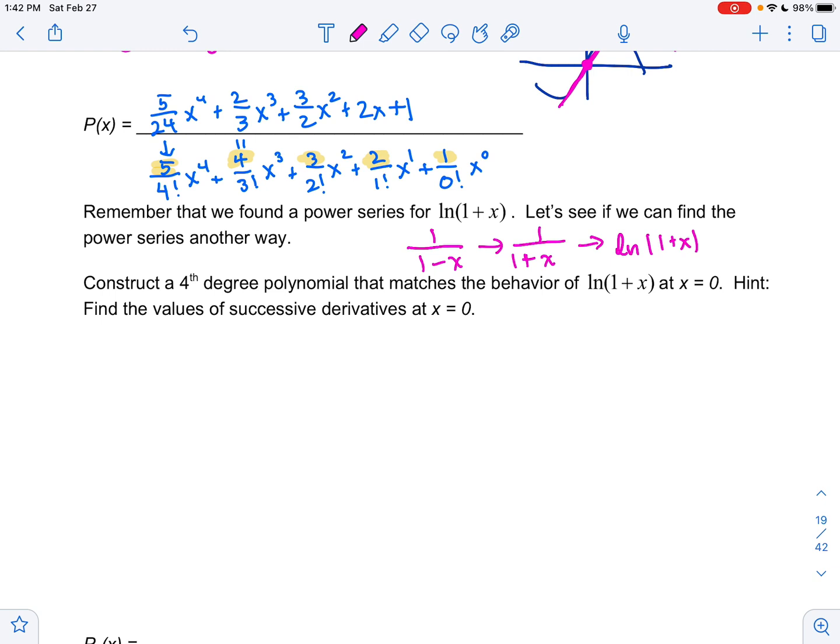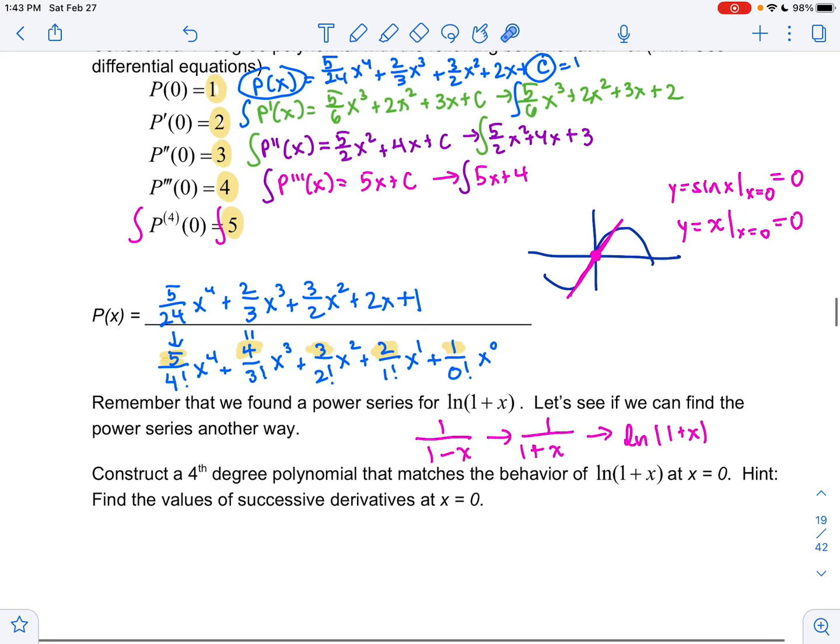What I'm about to show you, think of it kind of as the long, fail-proof way you'll always get the series that you want. However, it does take what they call successive derivatives here to come up with the value of the series that you want. So in this case, the problem above that, again, was strictly just exploratory, but they gave us the value of the derivatives at the center.